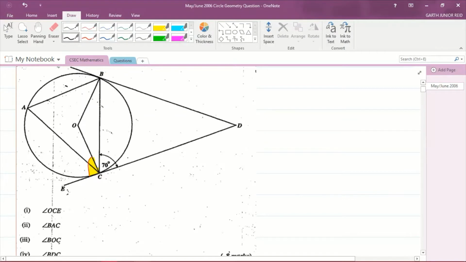Whenever the tangent meets the radius here, which is OCE, the theorem says that the tangent is perpendicular to the radius, meaning that they meet at 90 degrees. So this angle here, OCE, is equal to 90 degrees.